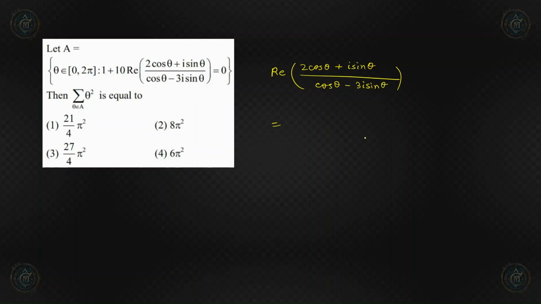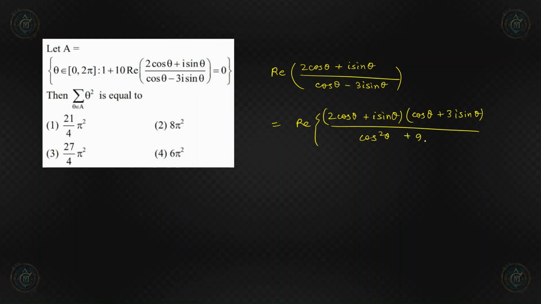So we can see easily, we can multiply by its conjugate here in both numerator and denominator. So we will get real part of (2 cos theta plus iota sin theta) times (cos theta plus 3 iota sin theta) divided by cos square theta plus 9 sin square theta, right? This real part is equal to minus 1 by 10, right?